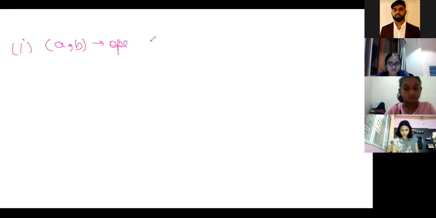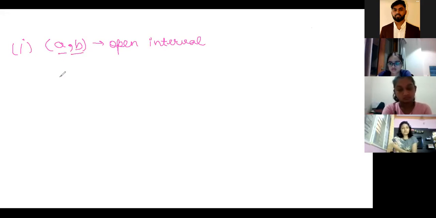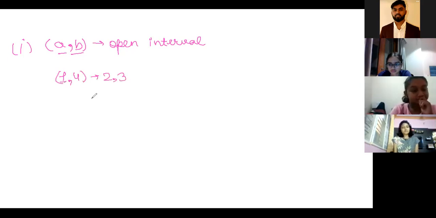And what does it mean? It means that we are considering all values between A and B, but we are not considering A and B, which means if it is like 1 to 4, then we are considering only 2 and 3, but not 1 and 4. Okay, so this is known as open interval.